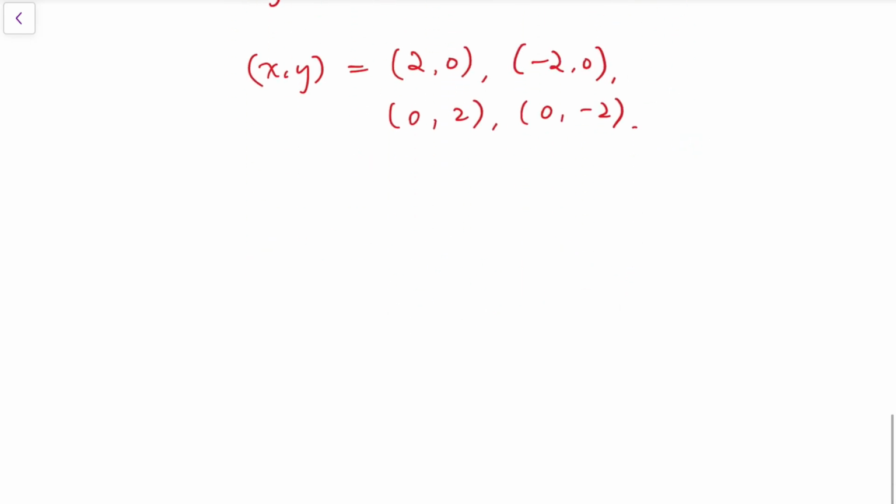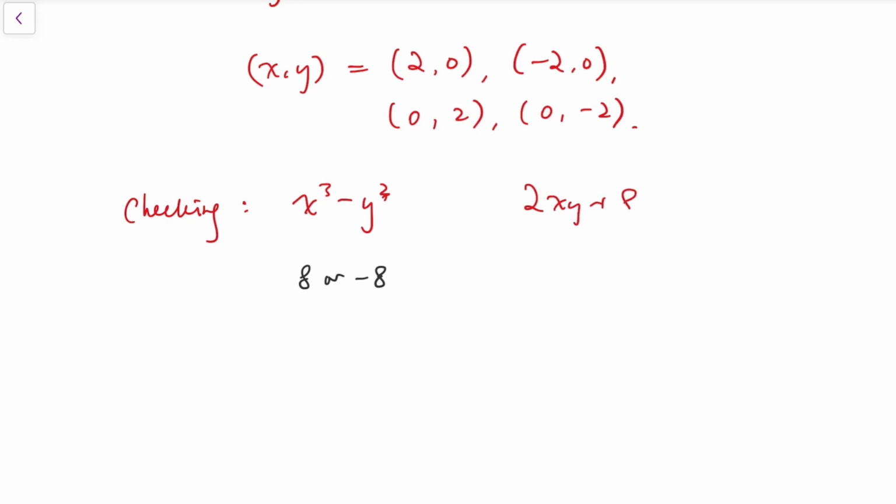And we can check by putting that into the original equation. For x cubed minus y cubed is either 8 or minus 8. Let me put that down. But 2xy plus 8 must be equal to 8.